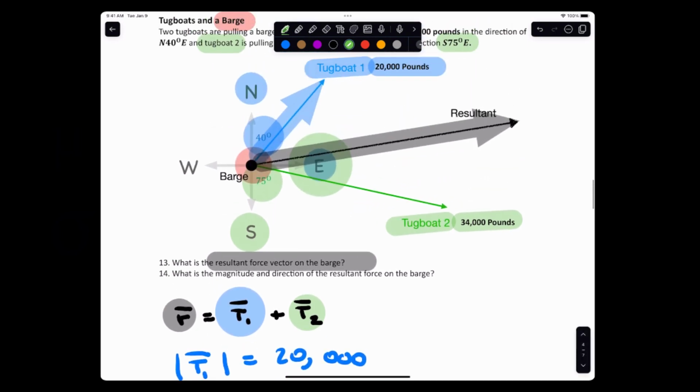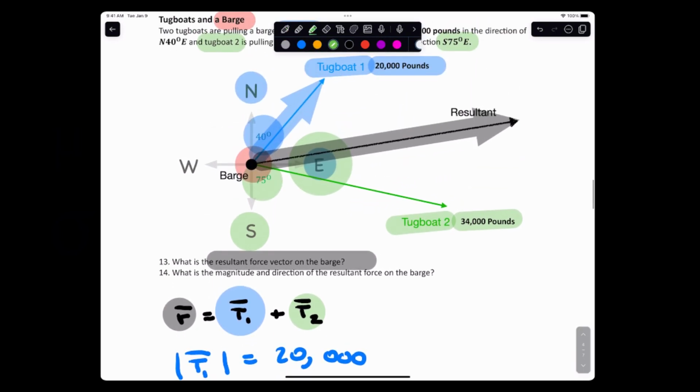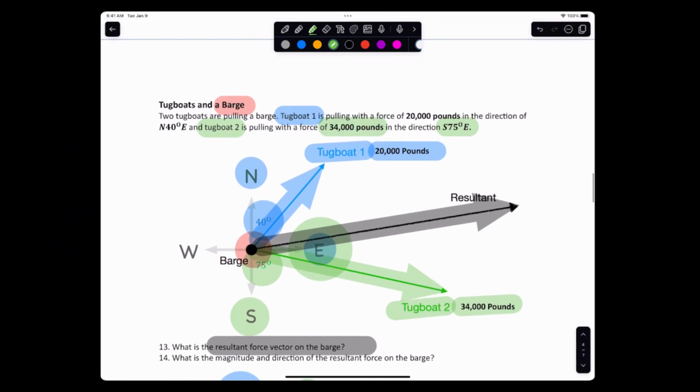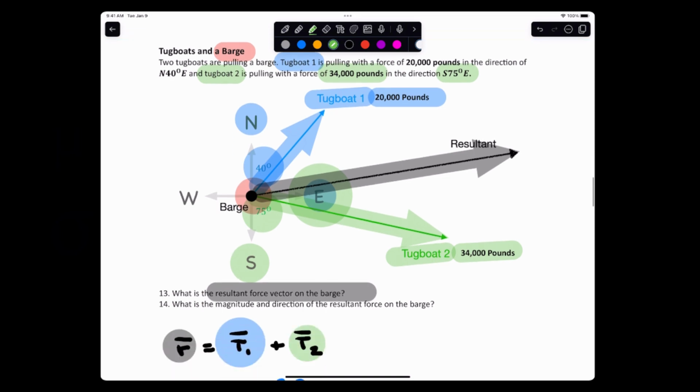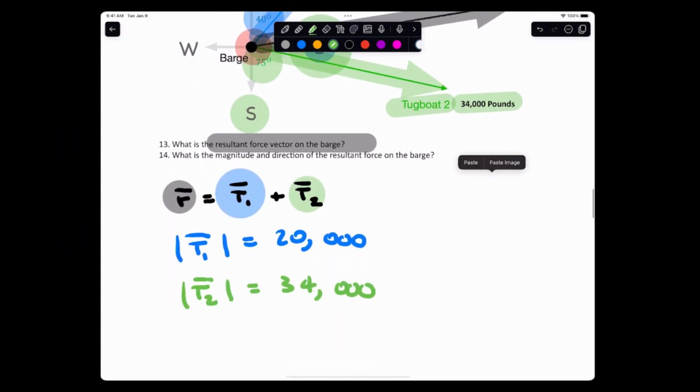So there it is here, okay? So here's a second tugboat. That's the length of this vector. And they gave you that information. What you guys need now is the standard angles here. We need theta now. So we're going to get the force vectors. And let's see.